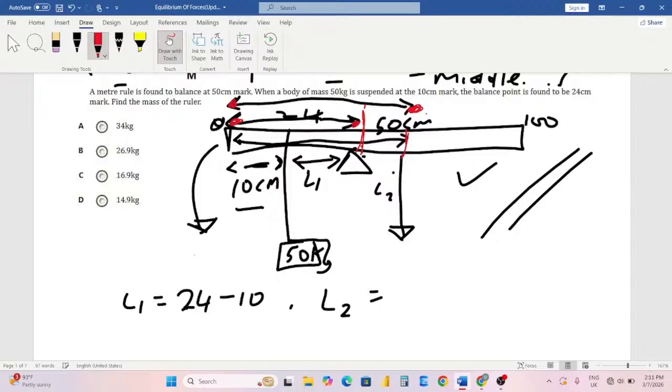So how do we get that? We do 50 minus 24, and that should give us 26. So our L2 is 26. Now we have what we need.